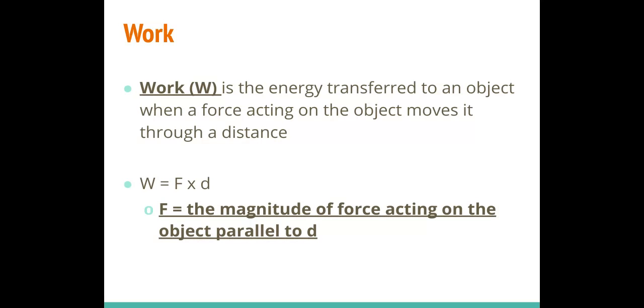Here, the magnitude of the force is F acting on the object, and it's parallel to D. If you have a force going vertically, but an object that is moving horizontally, your work would be zero, since the force isn't affecting the motion of the object.